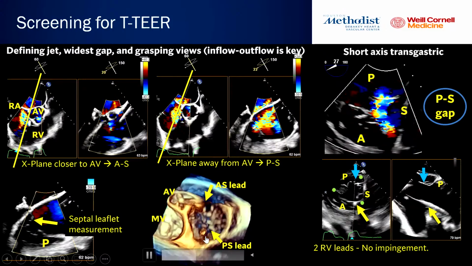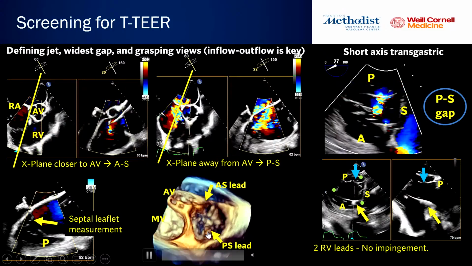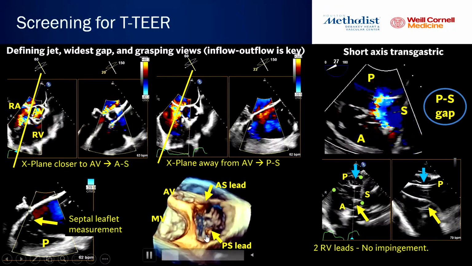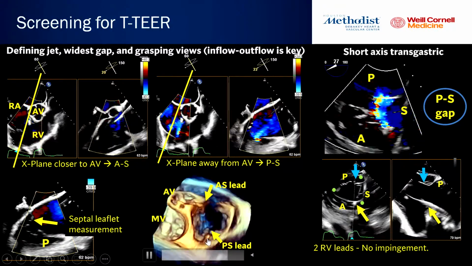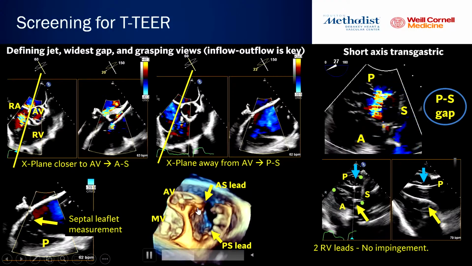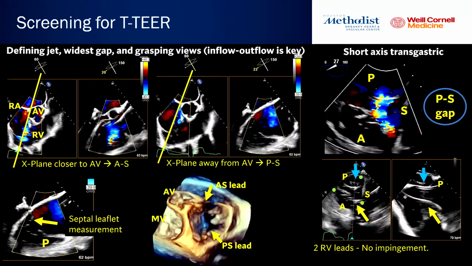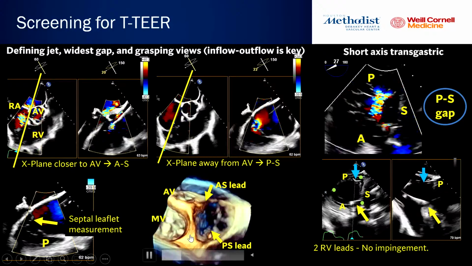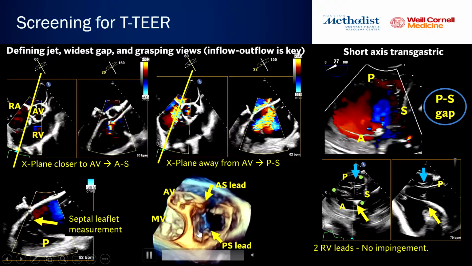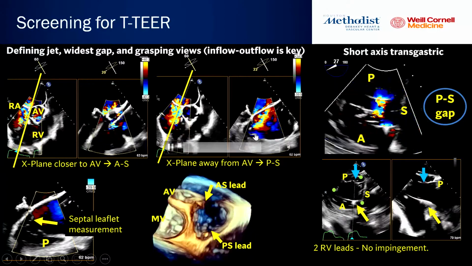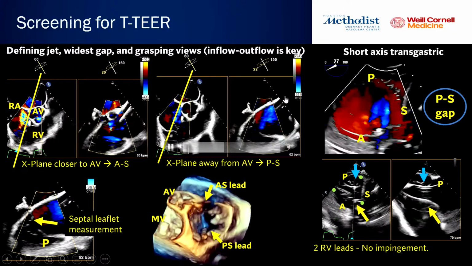And there is another lead here that we were able to see once we did the 3D, which is more posterior septal, and it's not freely moving, but more mobile. So this is the ideal case, lead nicely tucked into a commissure. And this case is not as ideal, but we can work on it because we could find a grasping view where we don't see any leads.